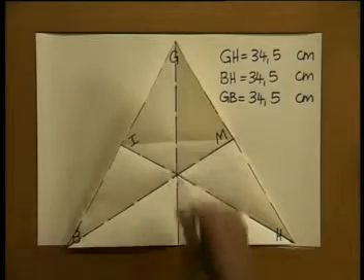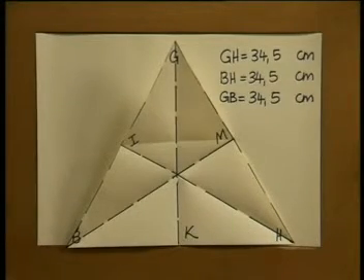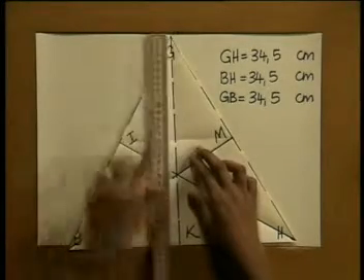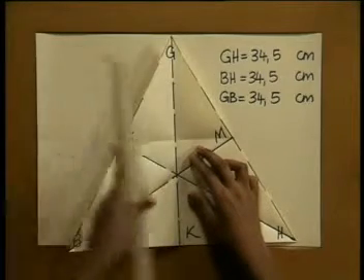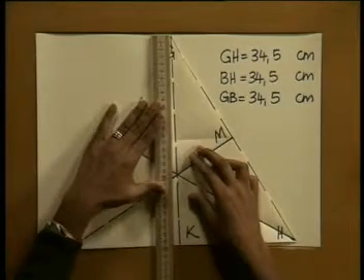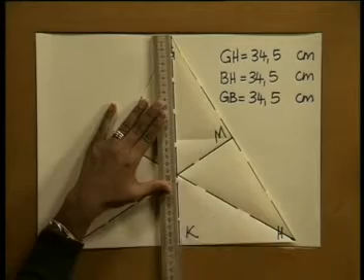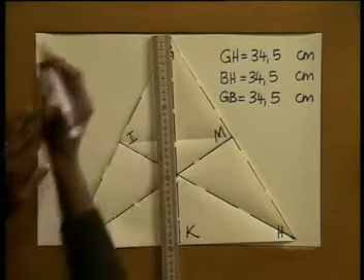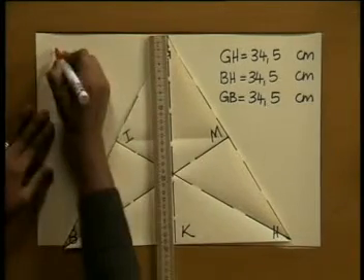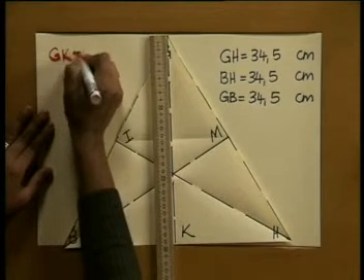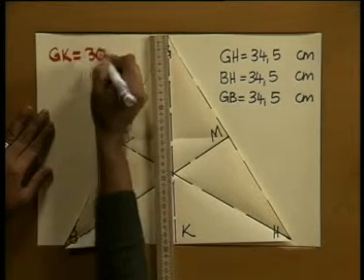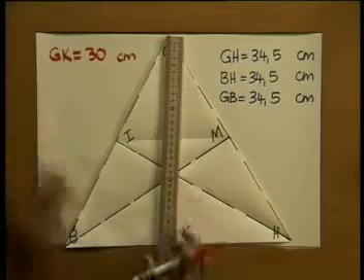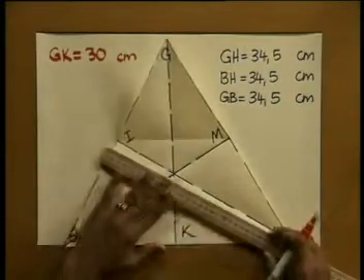I have drawn in all the lines of symmetry. Let's now take our ruler and measure the length. Okay, and we see that we get 30 centimeters. So we have GK is equal to 30 centimeters. Let's measure the other two lines of symmetry.